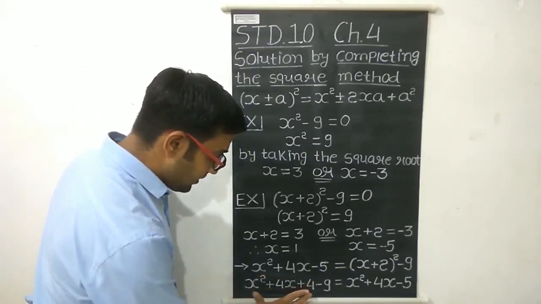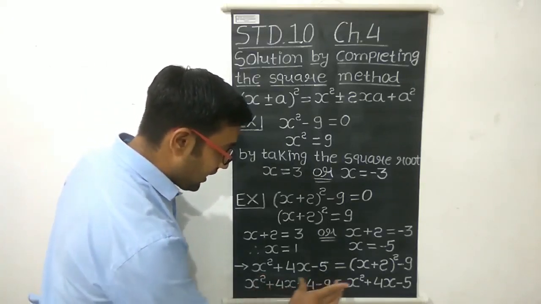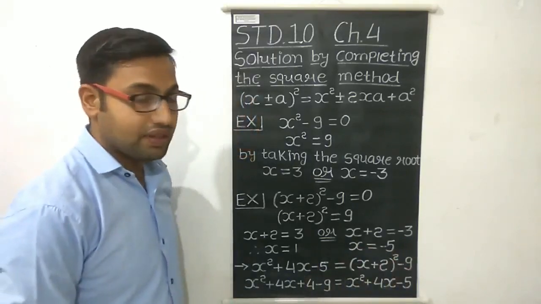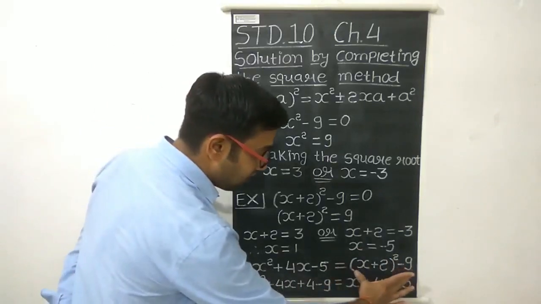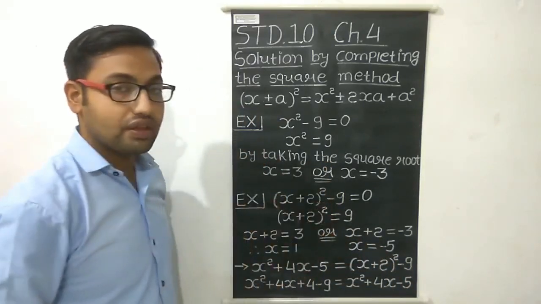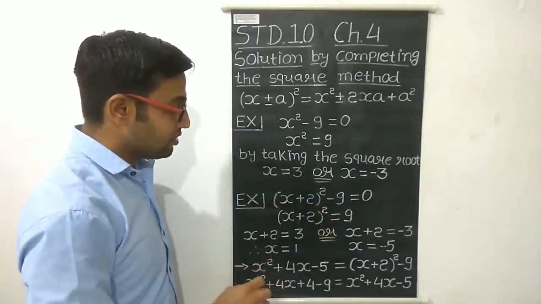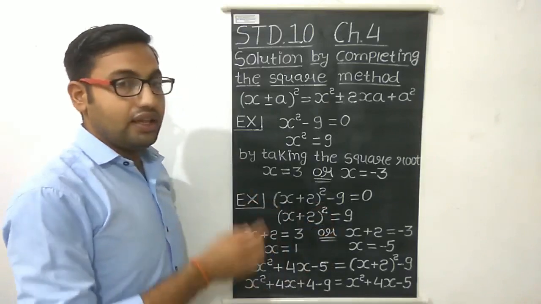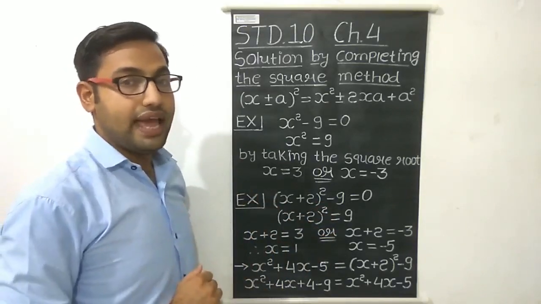By considering these three terms, we can write it as x plus 2 whole square, and minus 9 will remain as it is. As we get this, we can now solve this question in this way. So this is the process to complete the square. To understand this, let us see one of the examples.